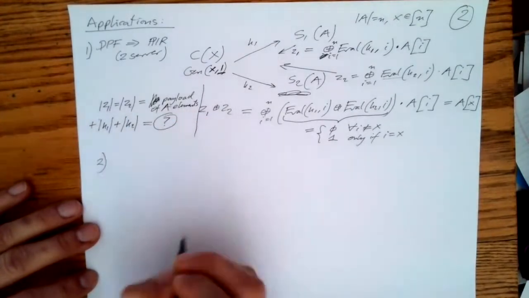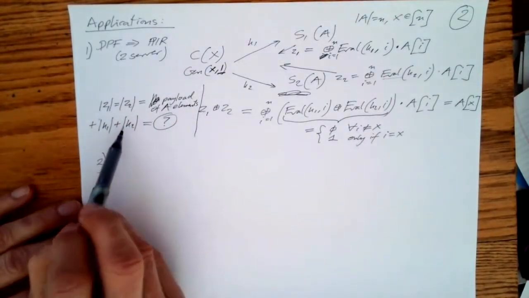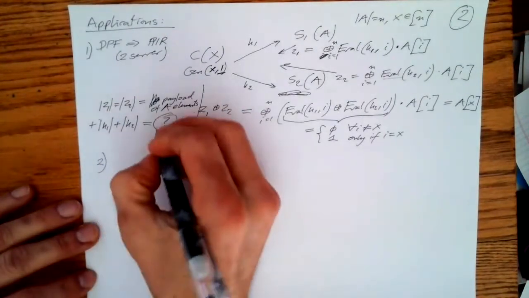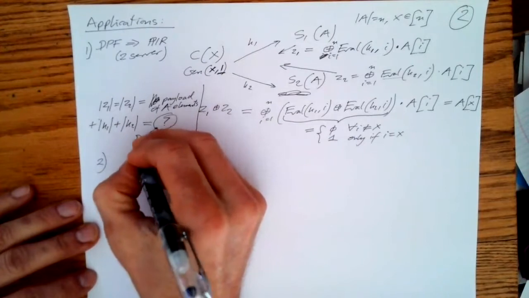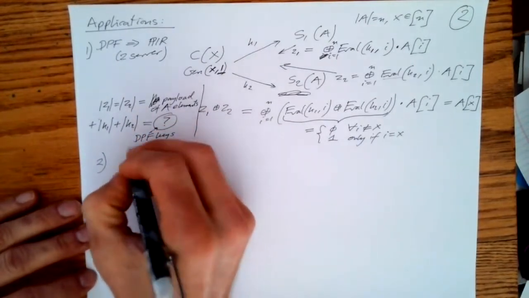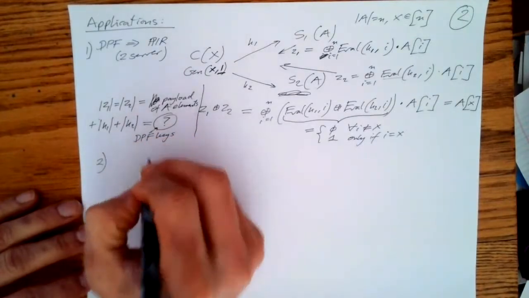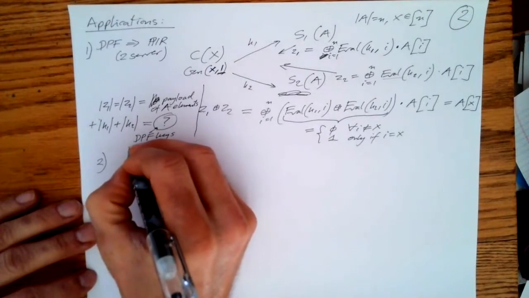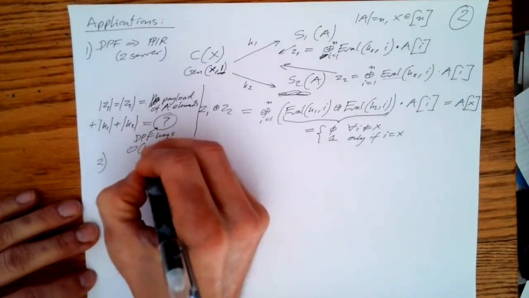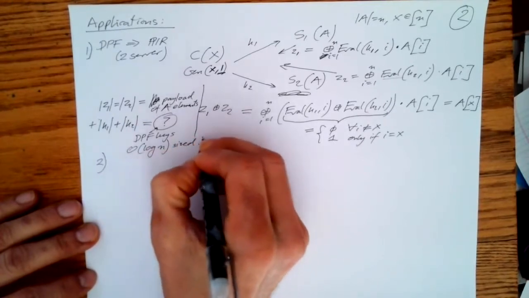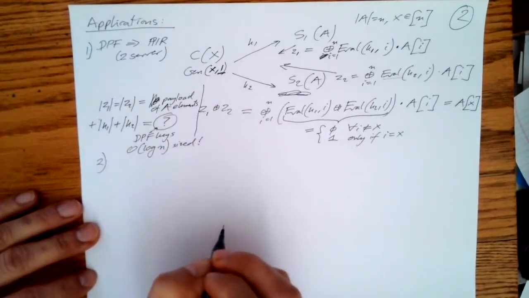It depends on the DPF, how big these keys are. But shortcutting the story, they are log n sized.